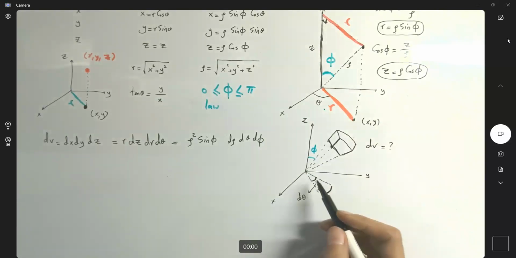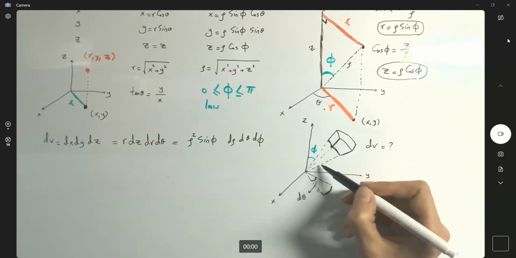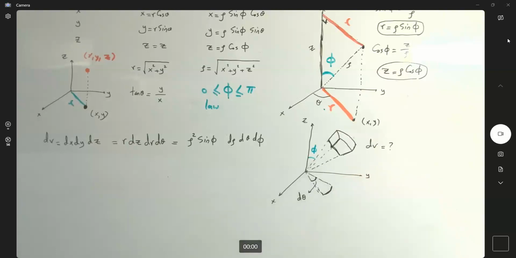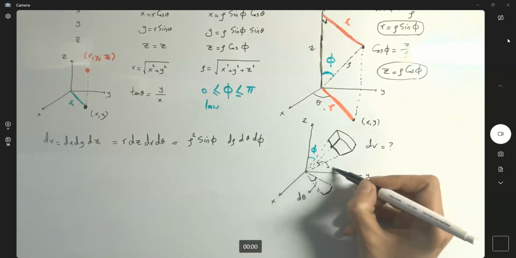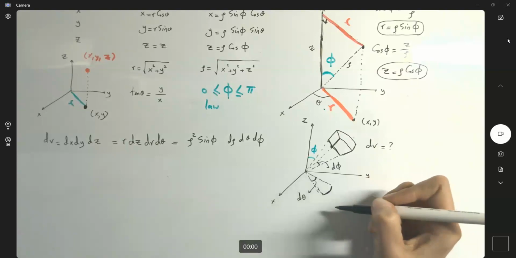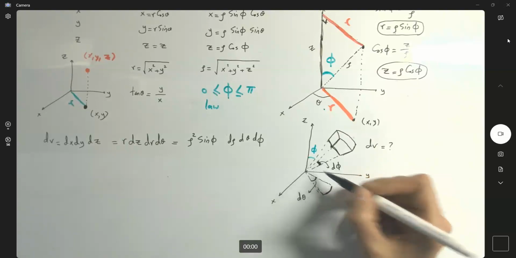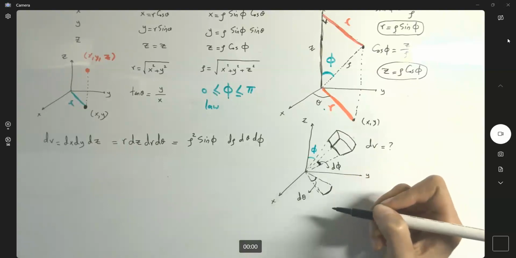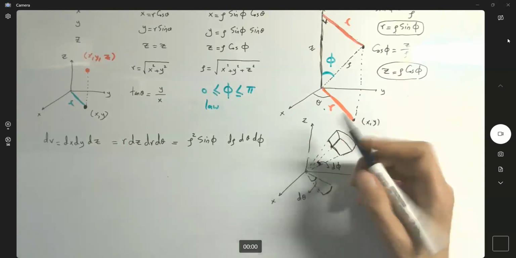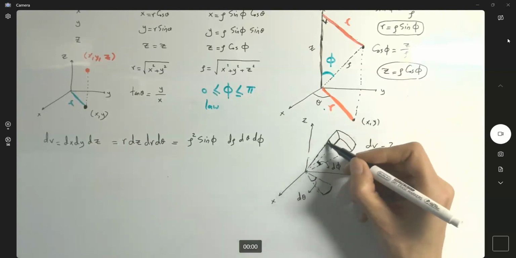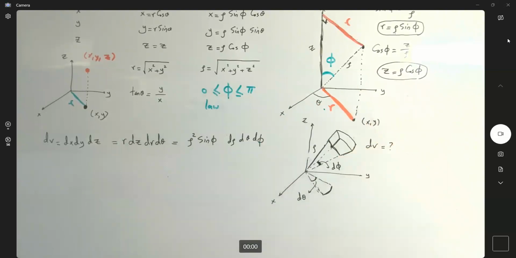Since this part is your d theta, the other part is going to be your d phi, a very small change in the angle phi. The definition of this line, as you remember, is rho. So far, so good.